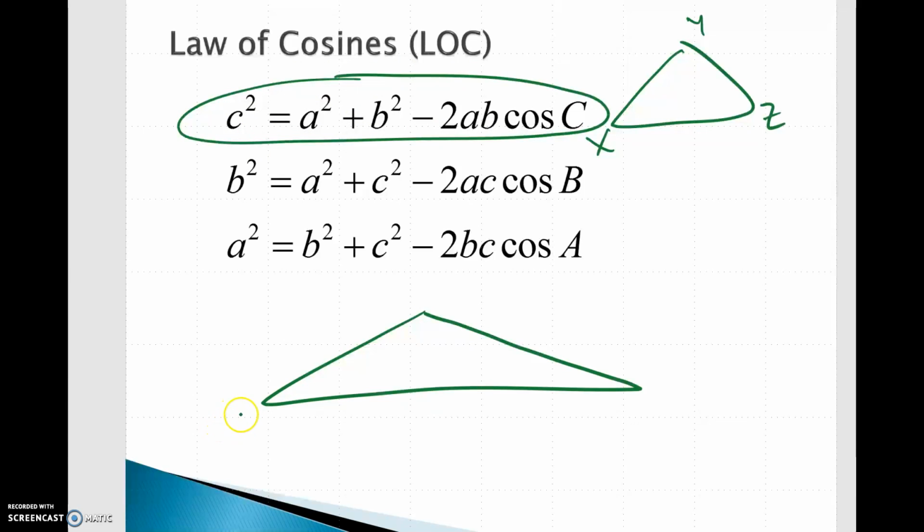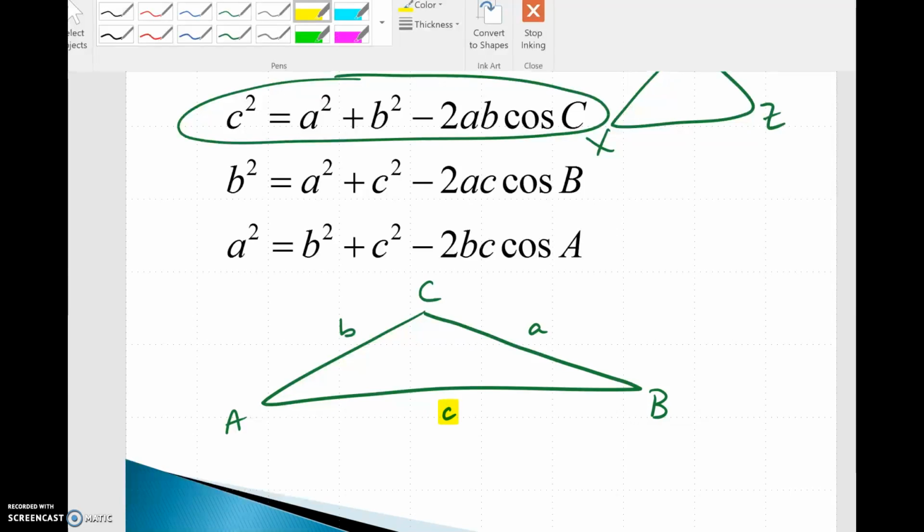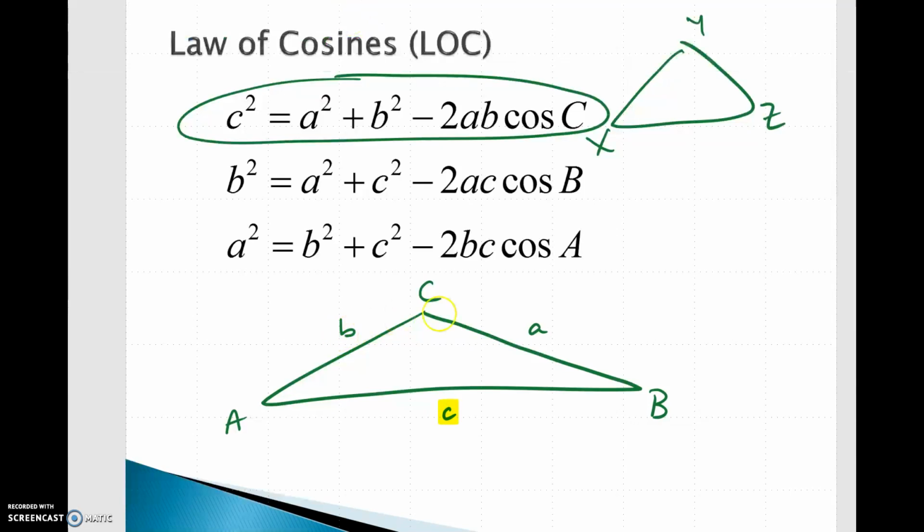If I label this as angle A, triangle ABC, and this is side little c, little b, and little a, I'm essentially saying that in order to find this side, I'm going to square this side, and I'm going to use the cosine of the angle across from it.